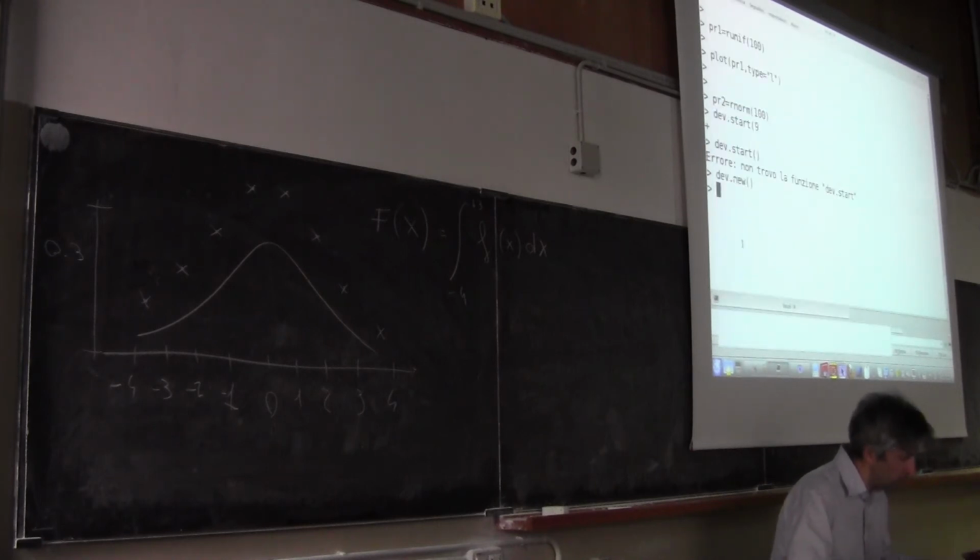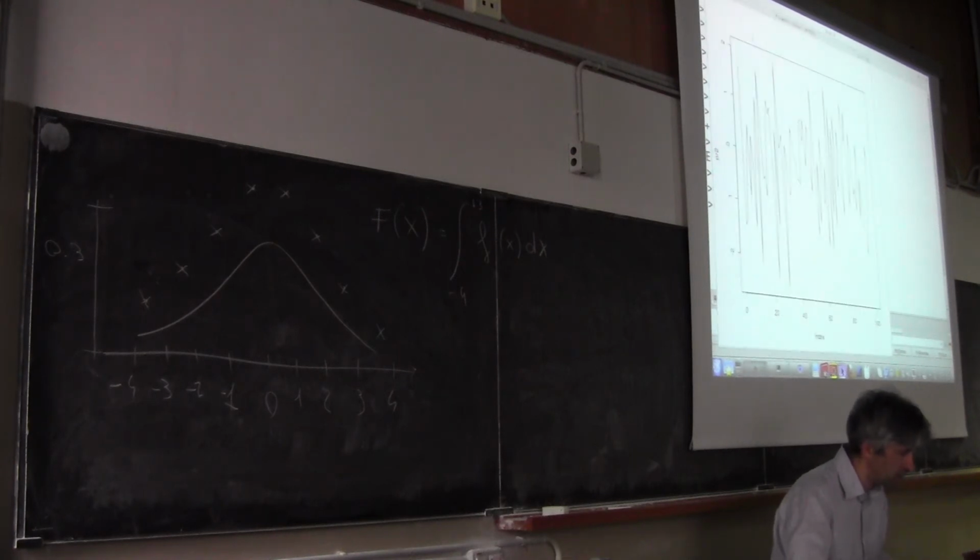Now I plot it. What I did with this dev.new instruction is to open a second graphic screen. Let me plot on the second graphic screen here too. And now let me compare the two series.